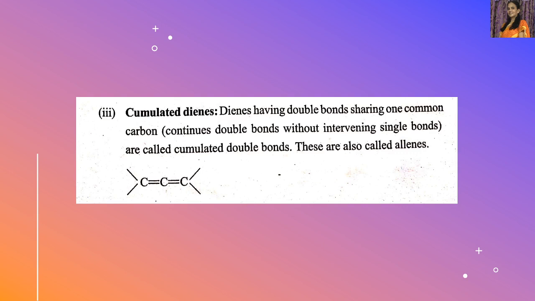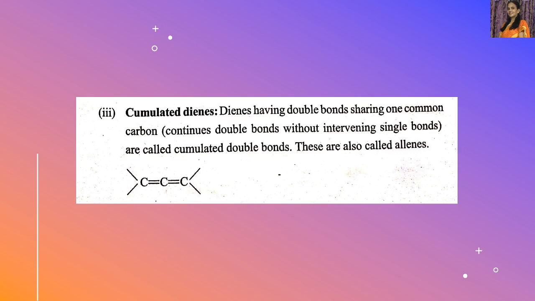Cumulated diene. Okay, so dienes having double bonds sharing the common carbon, that is continuous double bonds without intervening single bonds, are called cumulated double bonds or cumulated dienes. Okay, so these are also called allenes. What is the other name given to this cumulated diene? Allene. Allenes.